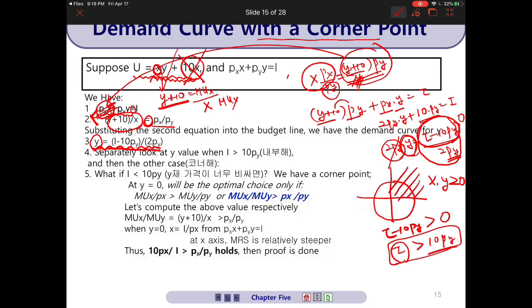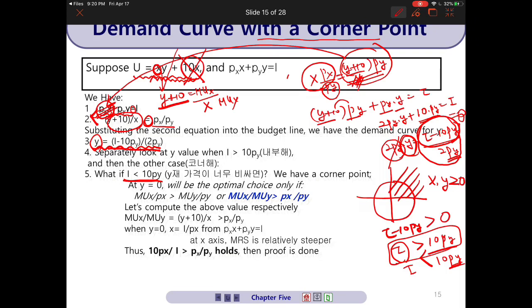But there are other cases. Otherwise, it could be this way, so I is less than 10 py. When that happens, if the price of good Y goes up too much, if good Y becomes too expensive, then we may have this as negative.